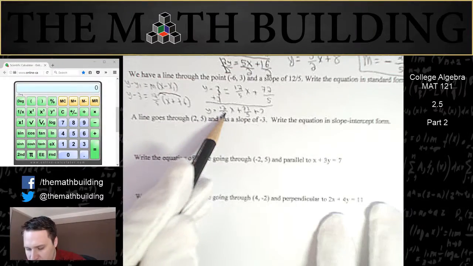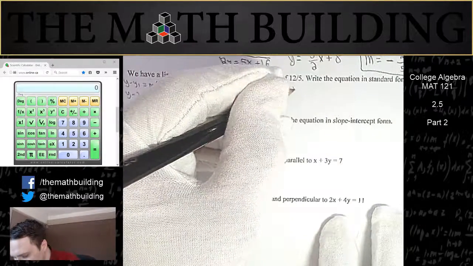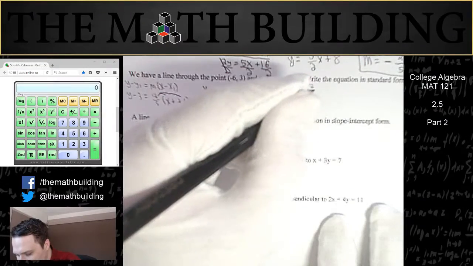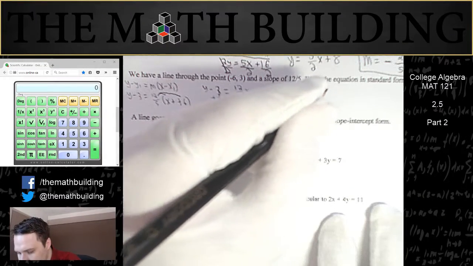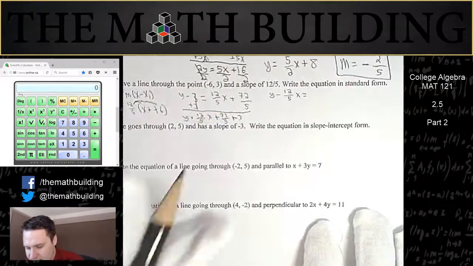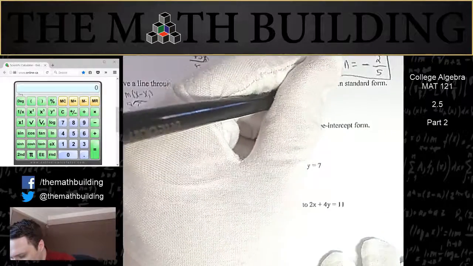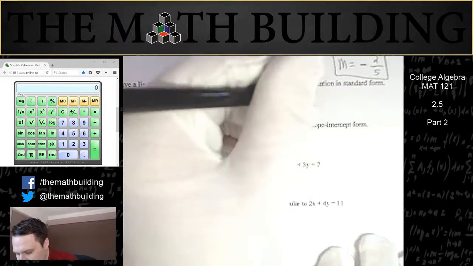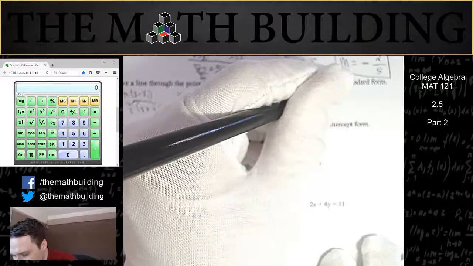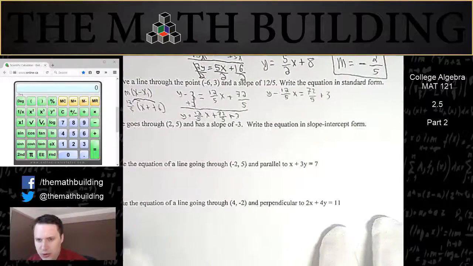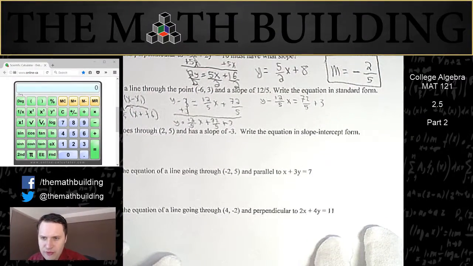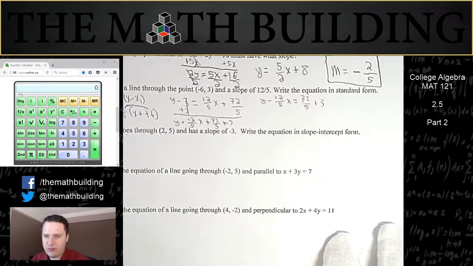So we do minus 12 over 5x on both sides, which means we get y minus 12 over 5x, and that cancels it, is equal to 72 over 5 plus 3. So here we are, at y minus 12 over 5x equals 72 over 5 plus 3.